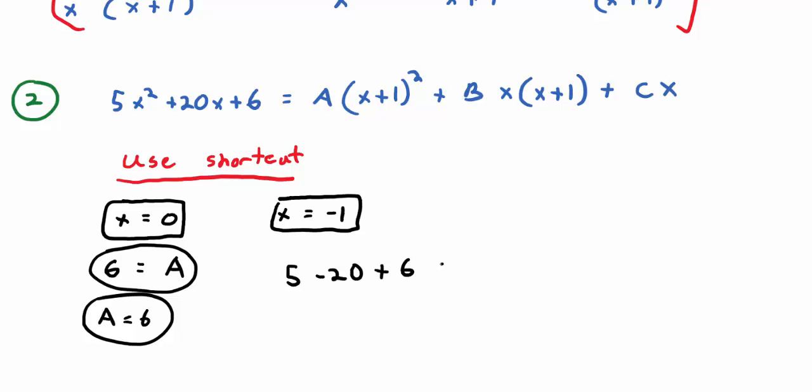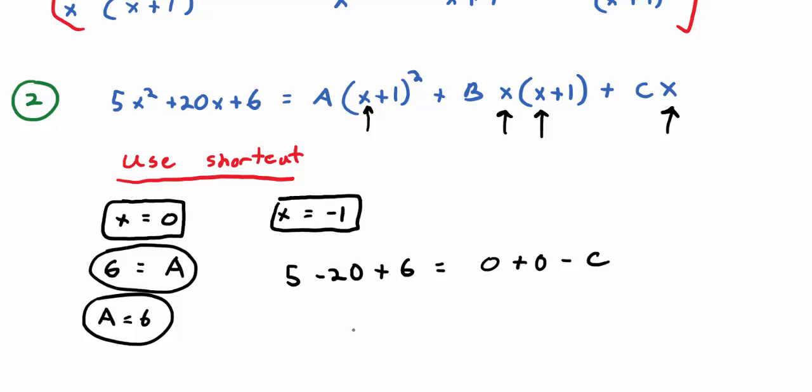And then on the right side, what does it give us? If x equals -1, you're plugging in -1 there, there, and there, and there. So what happens to the first two terms when we plug in -1? 0, 0 plus 0. And then the last one becomes minus c.